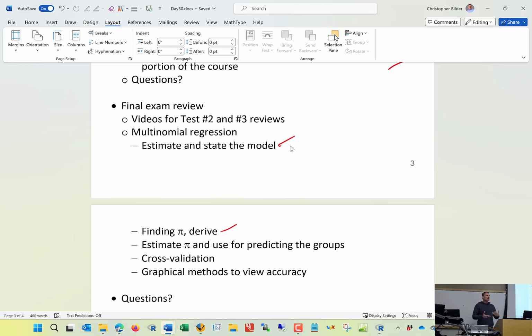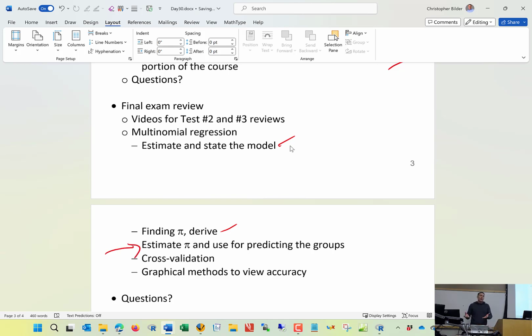And it's such an important concept for what we are using multinomial regression for, in terms of trying to decide which group a particular observation comes from. Since that's such an important concept, I could ask you then to actually derive what pi 1 would be, what pi 2 would be. Then, of course, how do you estimate pi?